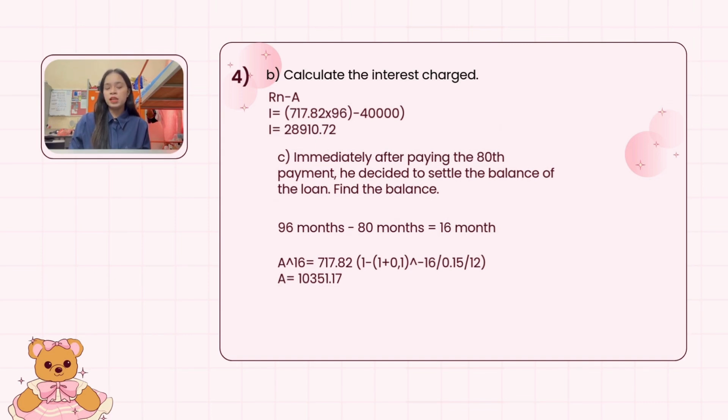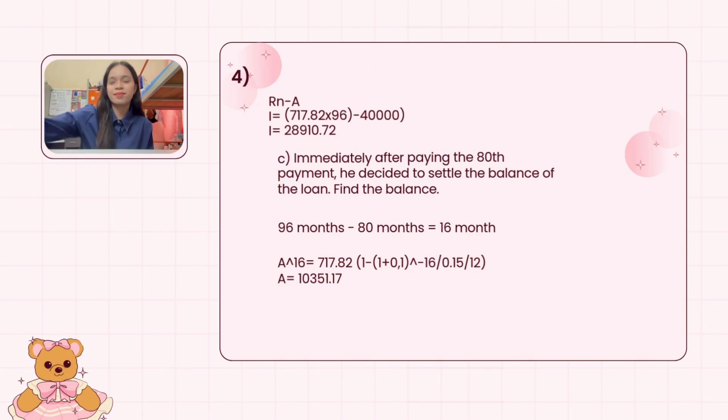We're going to use the loan formula: A16 equals R bracket 1 minus bracket 1 plus I bracket to the power of negative 16, per I. After we fill in the formula, we get A equals 10,351 ringgit and 17 cents.